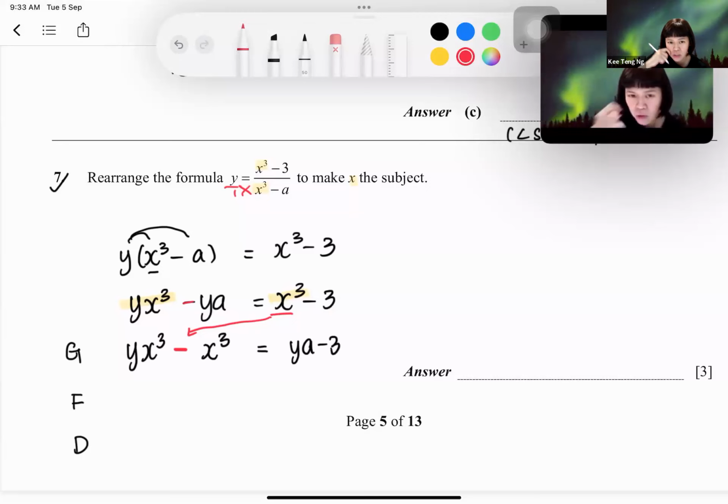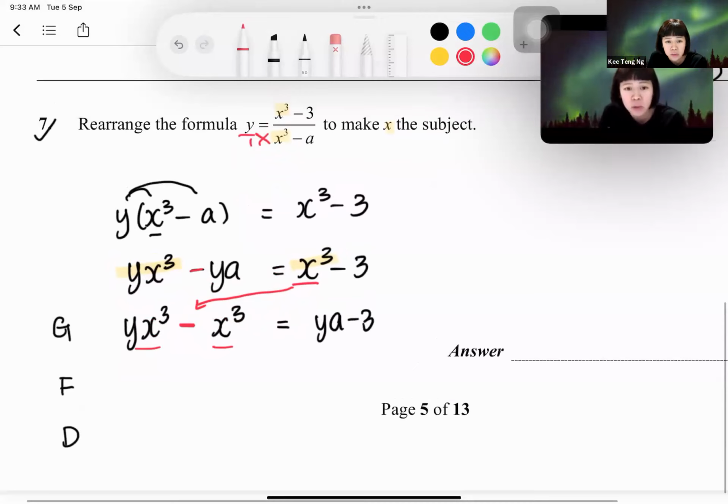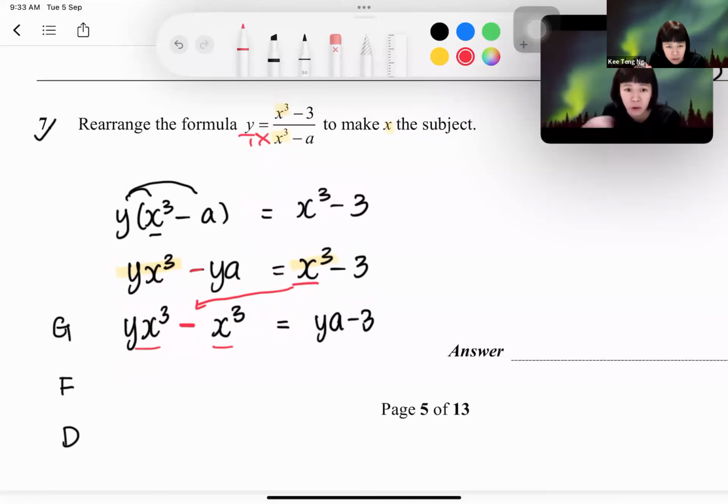Now, a word of caution: when we want to factorize x cubed, there are two terms over here. Later, when I factorize it out, there should also be two terms in the bracket. Students might commonly forget, so you can write a 1x cubed over here. If you cannot see that it's actually one term, you can write 1x cubed there.